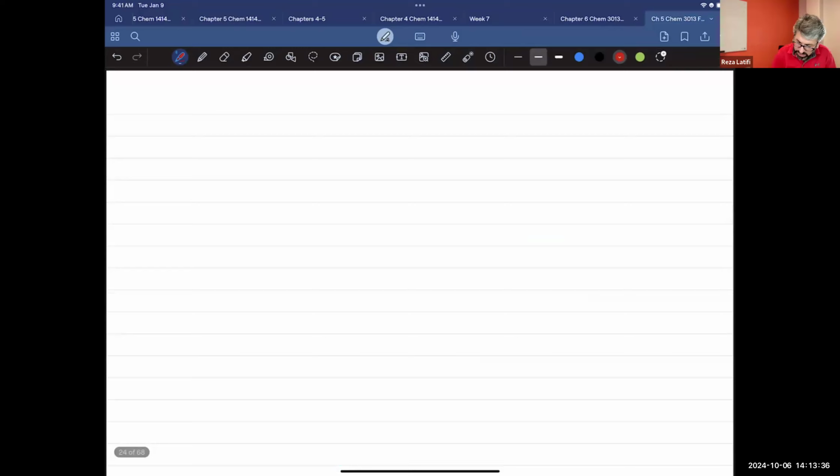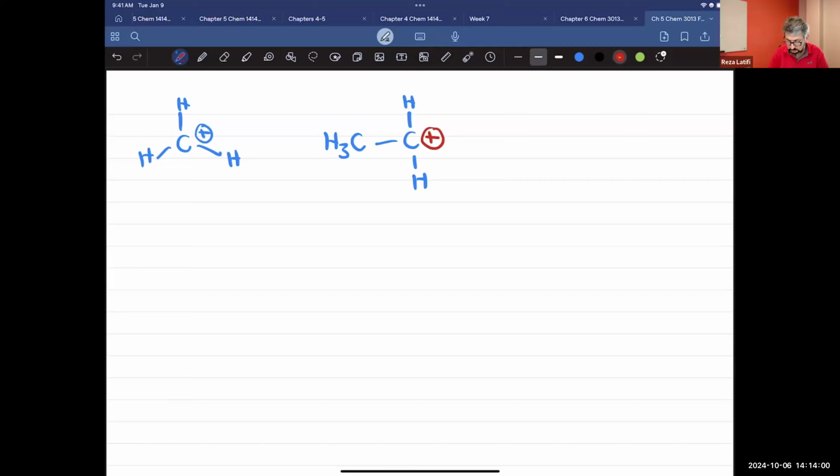So we have a carbon that's attached to 3 hydrogens, and that carbon has a positive charge. That's the first case. In the second case, we have a carbon that's attached to 2 hydrogens and a carbon. Of course, that carbon is going to be attached to 3 hydrogens, and we have a positive charge here.